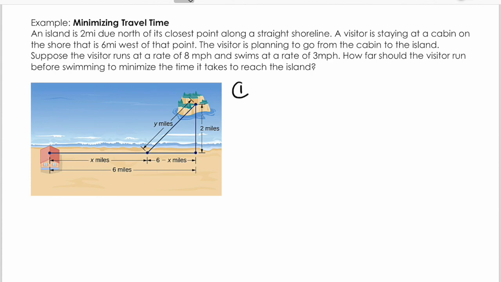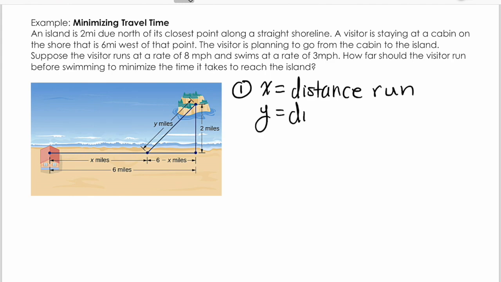All right, so the first step is going to be to identify the variables. If you look at the picture we're going to use from the book, we identify x as the distance that the person runs, and y is the distance that the person swims.